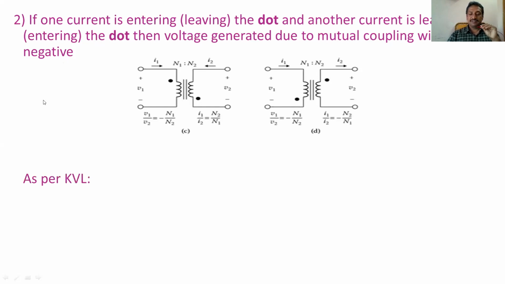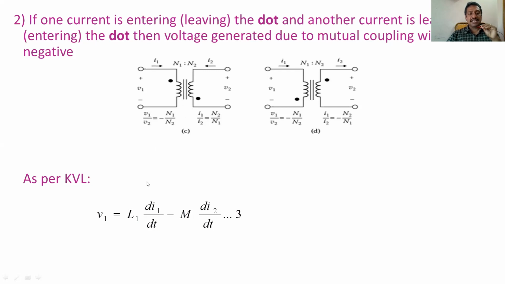Then as per KVL, we write this equation as V1 equals L1 into... See here, this is V1, the voltage across the primary coil. V2 is the voltage across the secondary coil. This coil contains two types of induced EMFs: self-induced EMF and mutual induced EMF.